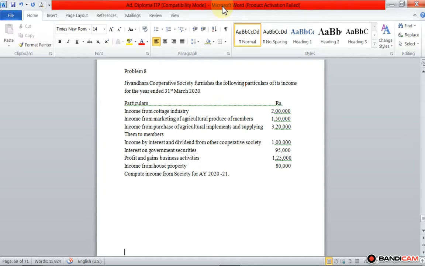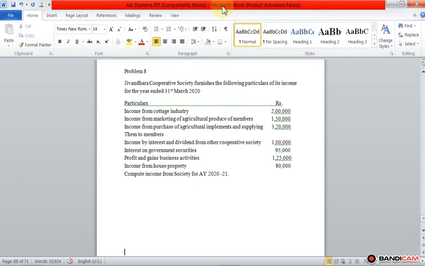Then income by interest and dividend from other cooperative society rupees 1 lakh, interest on government securities 95,000, profit and gains from business activities rupees 1,25,000, income from house property rupees 80,000. Compute income from cooperative society for assessment year 2020-21.